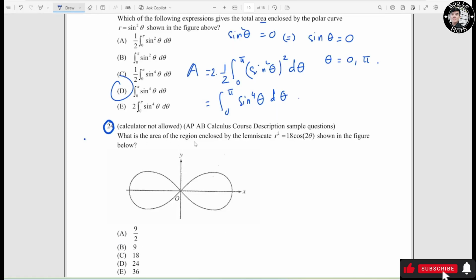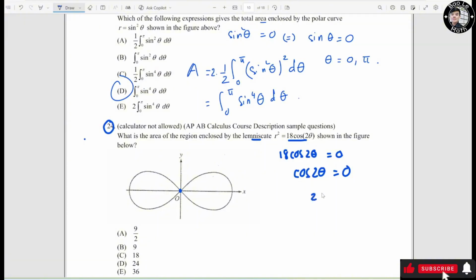What is the area of the region enclosed by the lemniscate r square equals 18 cosine 2 theta shown in the figure below? Alright, so again, when the radius is 0, the polar curve is at the origin, right? So we're gonna let 18 cosine 2 theta equals 0, cosine 2 theta equals 0, right?